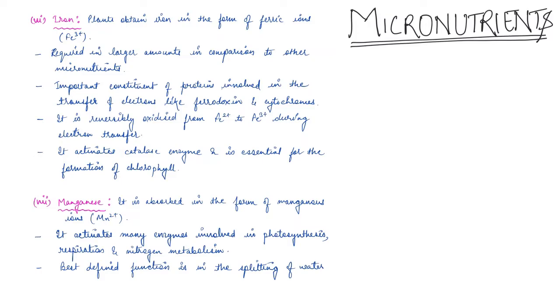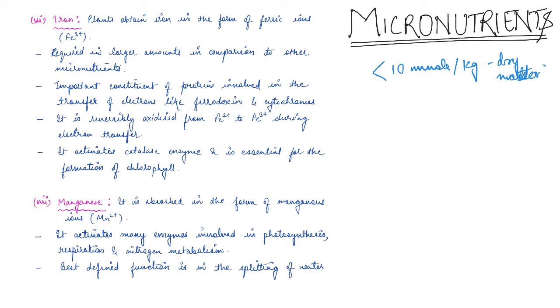So guys, micronutrients are such nutrients which are present in a quantity less than, remember, less than 10 millimole per kg of dry mass, or dry matter.